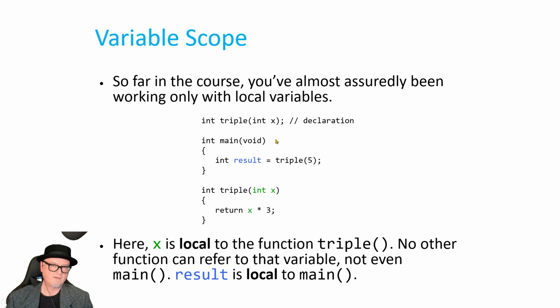And if we tried to get a hold of x in main, it's not defined. It's defined within triple. But we also have this declaration of the function itself, and we mention x up here, but this doesn't make it global. We haven't actually defined the variable outside of the function.